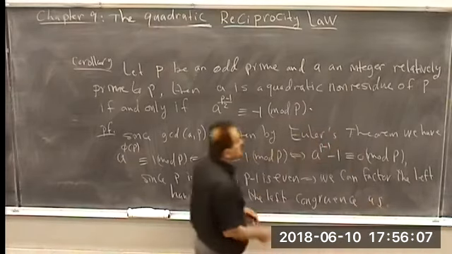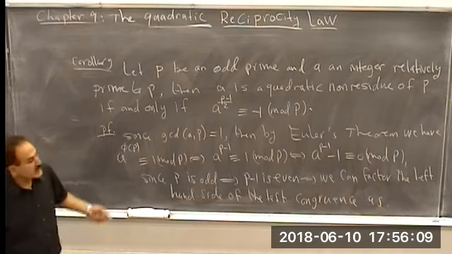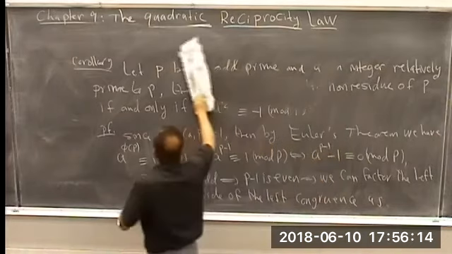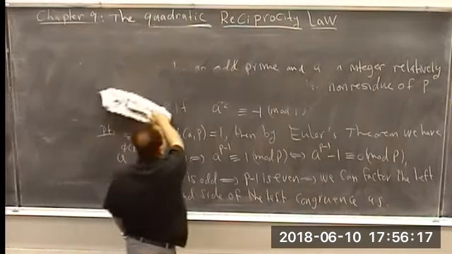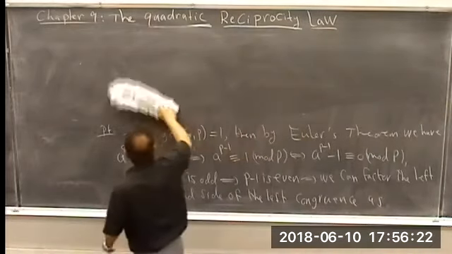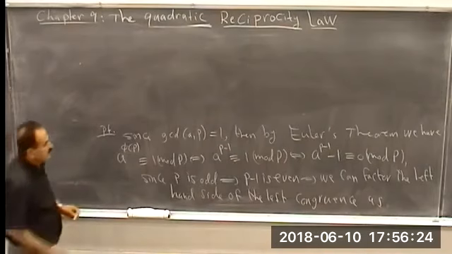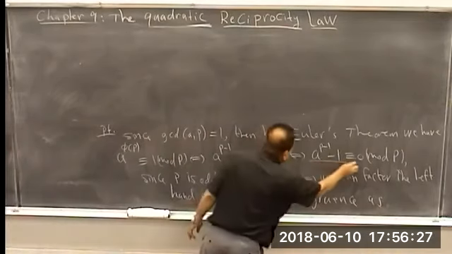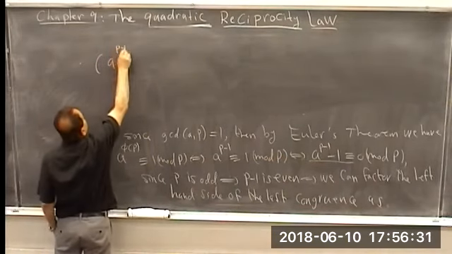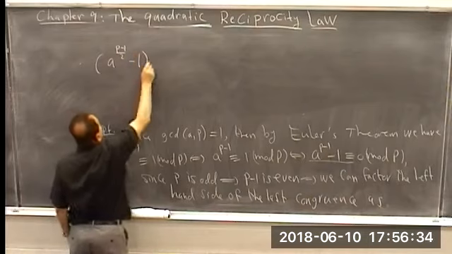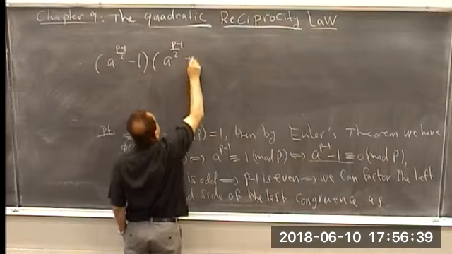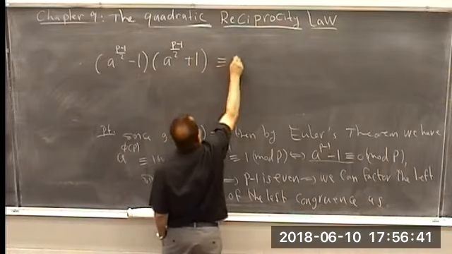You can write it as a difference of squares, because you could write P minus 1 as 2k if you wish, but we don't want to make the change of variable. So this congruence right here factors into A to the power (P minus 1)/2 minus 1 times A to the power (P minus 1)/2 plus 1, a difference of two squares.